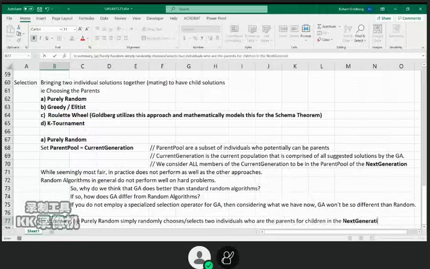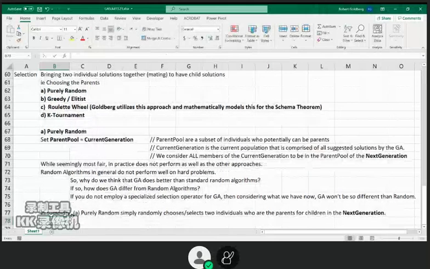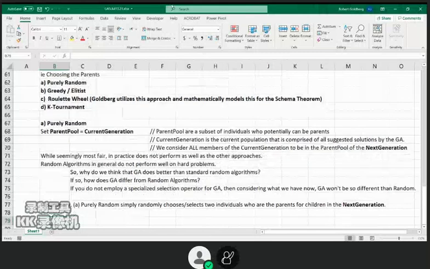Again, we haven't described what happens next, but for the purposes of selection, purely random, that's the case. Okay, that's the first one.